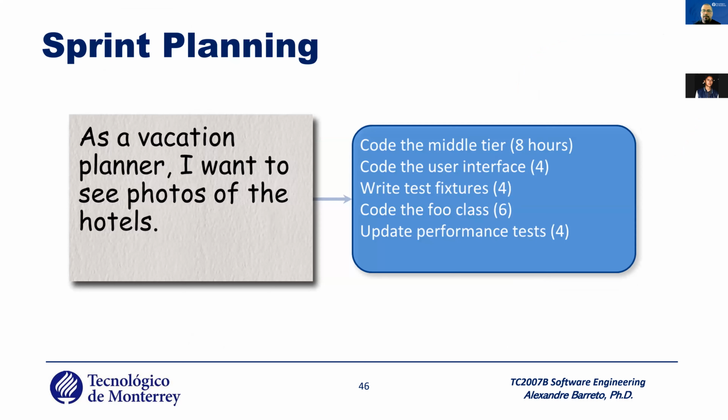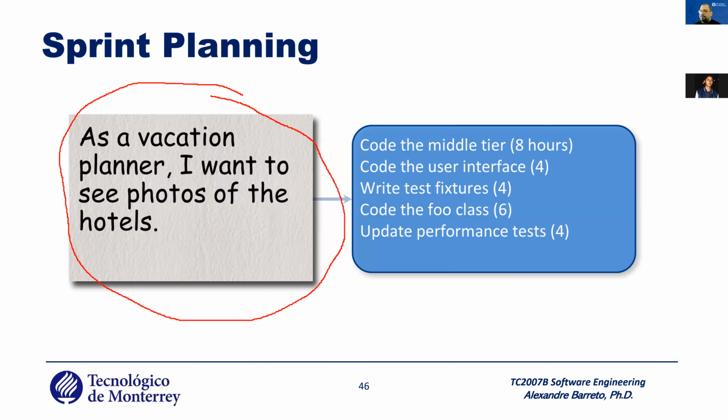For example, think that you have this user story that you need to accomplish. You select this user story to implement in the sprint. In other words, this user story is now in the sprint backlog. You need to define the tasks that are required to accomplish this user story. For example, code the mid-tier, code the user interface, write the test features, code the foo class, and update the performance test.